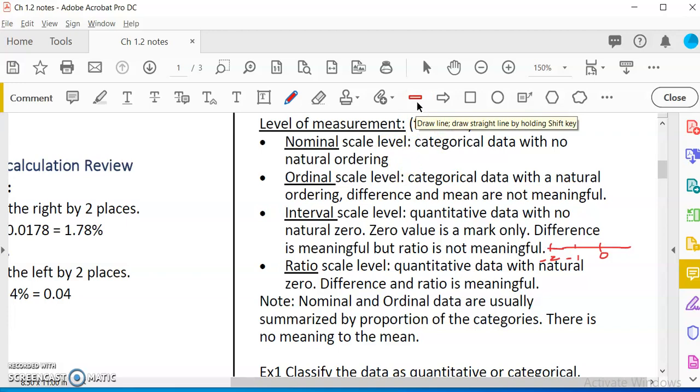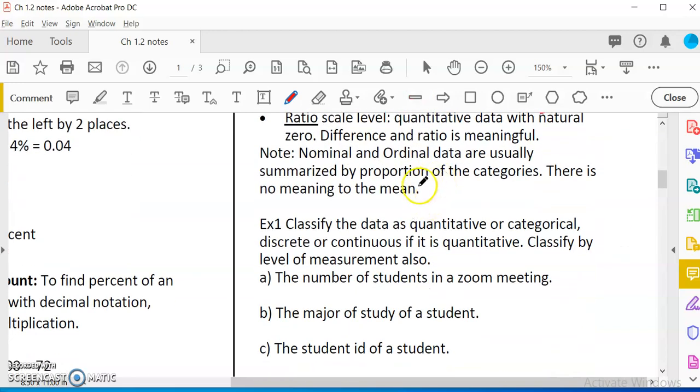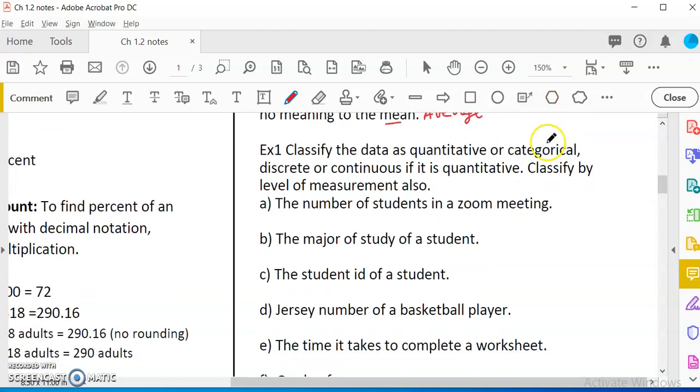So social security number or student ID are numbers. Does it mean anything if you add those numbers together and find the average? Mean means the average, right? So they are not meaningful, although they are numbers, but because they are nominal data, they are names or labels, we do not recognize average.